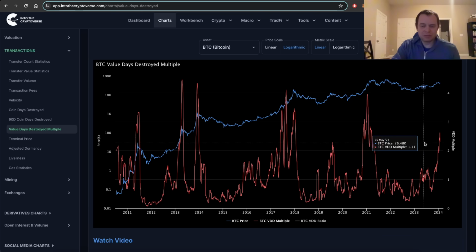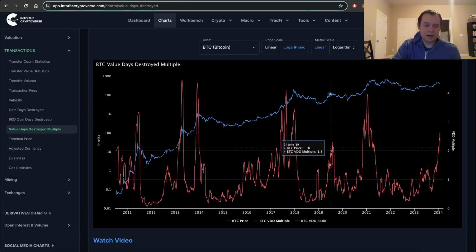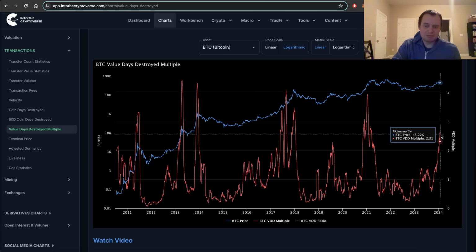It sort of implies that people are really loading up for these big events to play out, and you have to wonder if once the event comes and goes, the market's going to be searching for the next narrative, right? And maybe the next narrative is the Ethereum spot ETF, or maybe it's something else. But this is certainly an interesting chart to keep an eye on because it is getting relatively elevated.